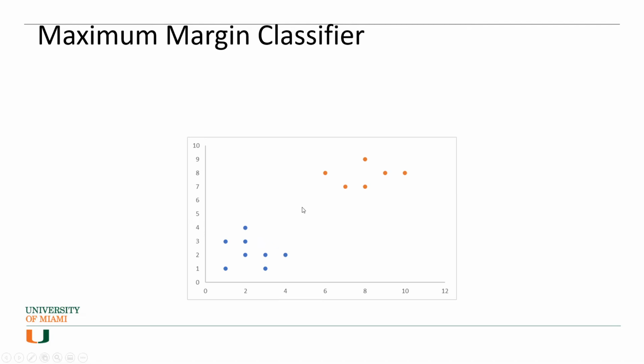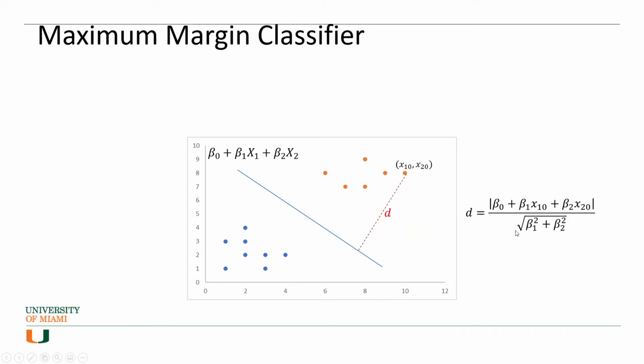So again, if you have the hyperplane's formula here, beta 0 plus beta 1 x1 plus beta 2 x2, and you want to calculate the distance of any point to that hyperplane and call it d, then the distance would be equal to beta 0 plus beta 1, and then instead of x1, you put the coordinate of the first dimension, here x1,0.